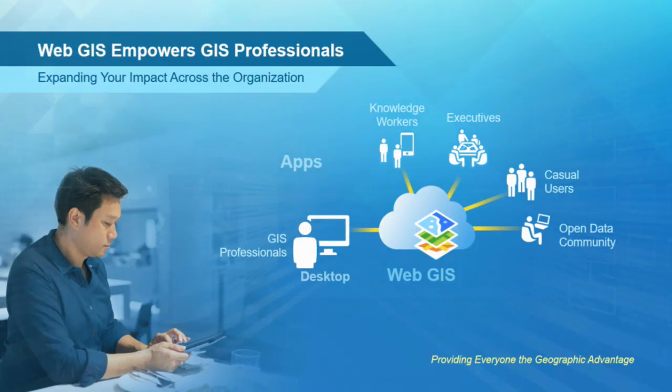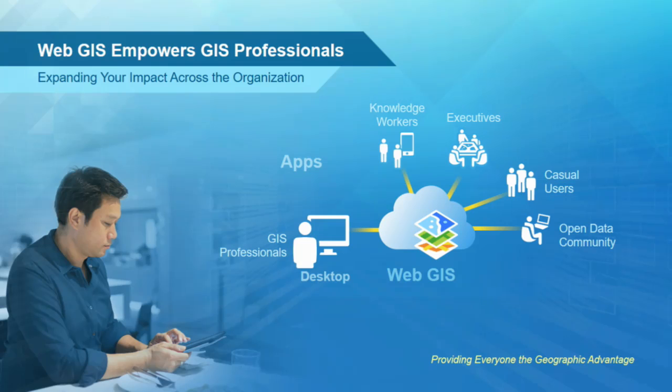So why would you, as a GIS professional, care about this WebGIS concept? It's because it can really expand the reach of what you do to everybody throughout your organization. For example, in my past experience, when I've been out in industry, not working at Esri, there's been a GIS department in the organization, and then there's been the rest of the organization.